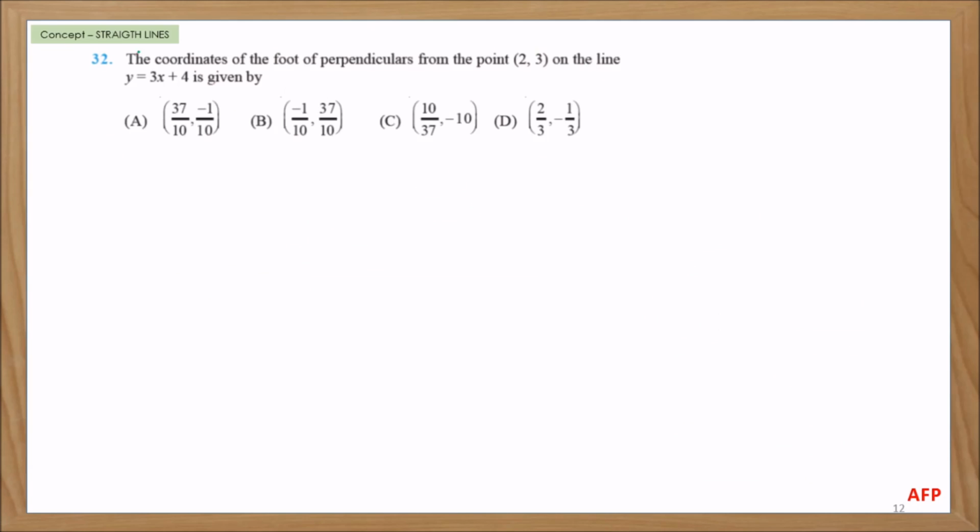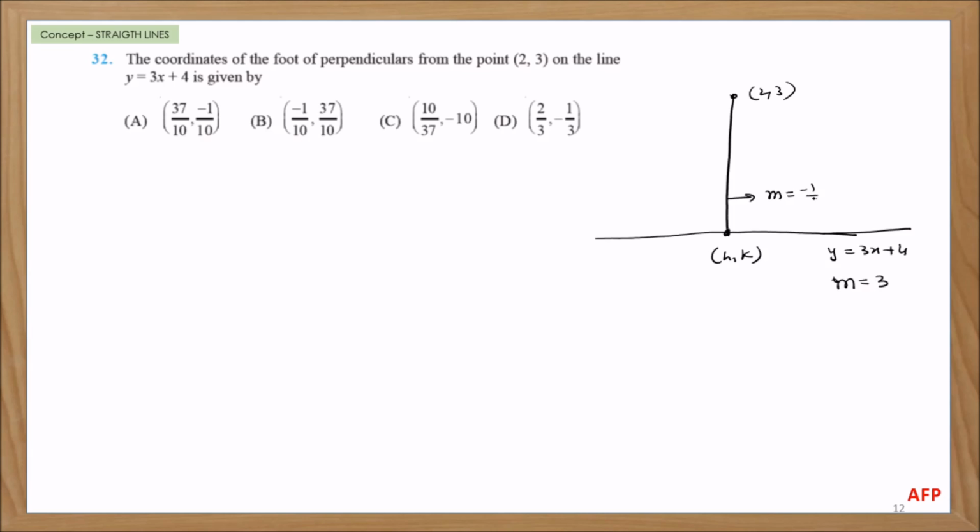Next question: foot of the perpendicular from a point to a line. Very simple concept. It is the point (2, 3), and the foot is (h, k), and here we have the line y = 3x + 4. Its slope is 3. Since this line is perpendicular, its slope is -1 by 3.